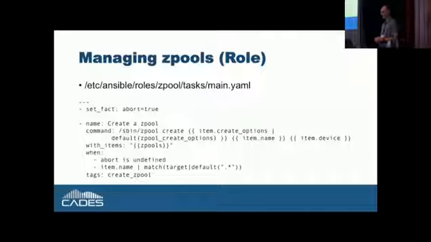It basically says only do this when abort is undefined, which means you had to jump straight to this play by specifying a tag, and also, make sure that if you specified a target on the command line, only do it if your item is going to match that target. And then I throw in a tag, create zpool, which is how you specify this.